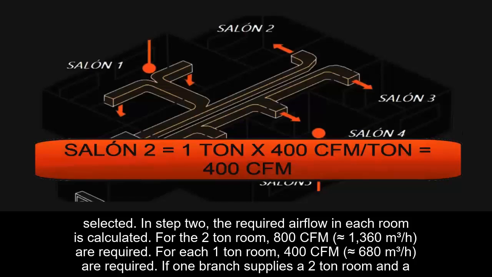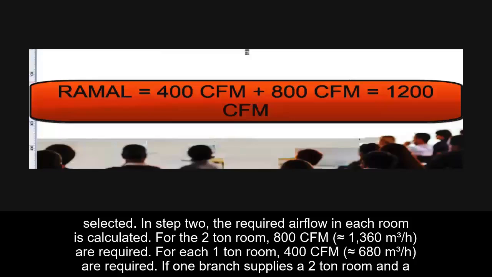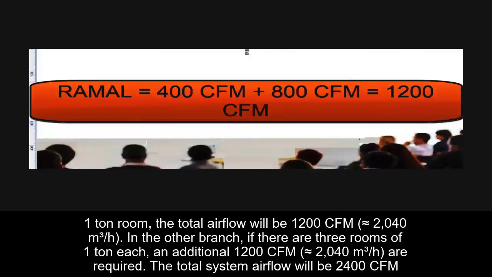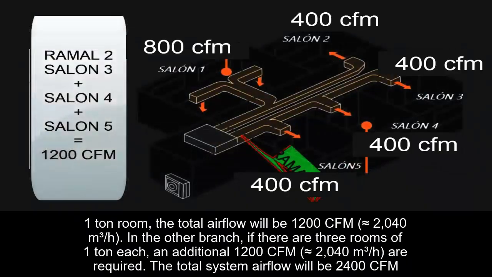For the 2-ton room, 800 CFM, nearly 1,360 cubic meters per hour, are required. For each 1-ton room, 400 CFM, nearly 680 cubic meters per hour, are required. If one branch supplies a 2-ton room and a 1-ton room, the total airflow will be 1,200 CFM, nearly 2,040 cubic meters per hour.